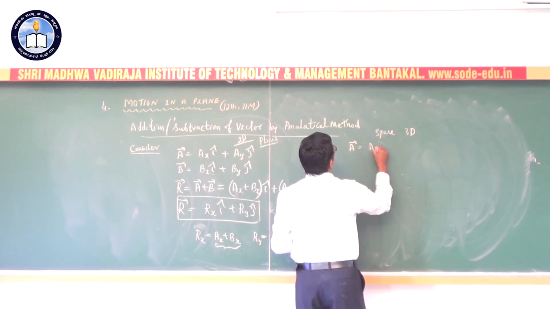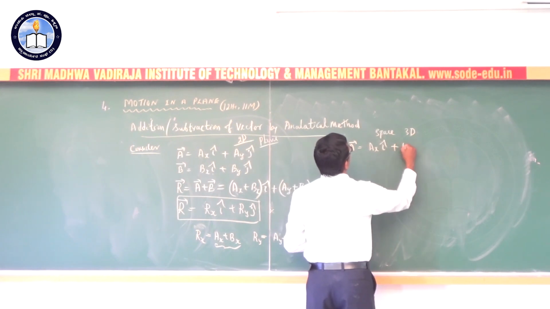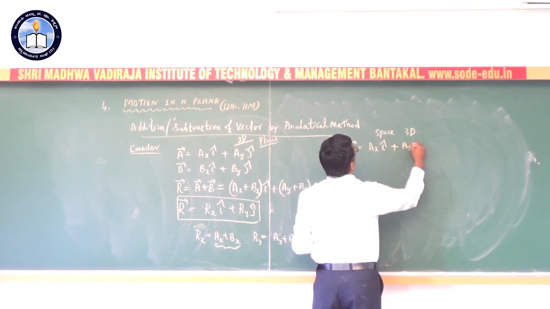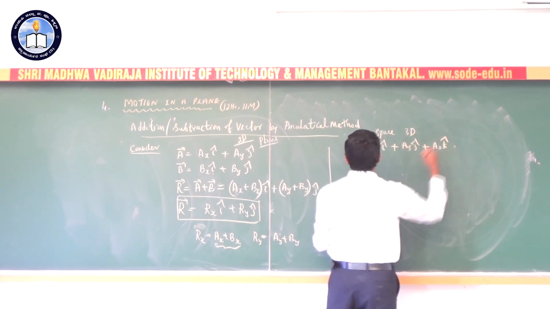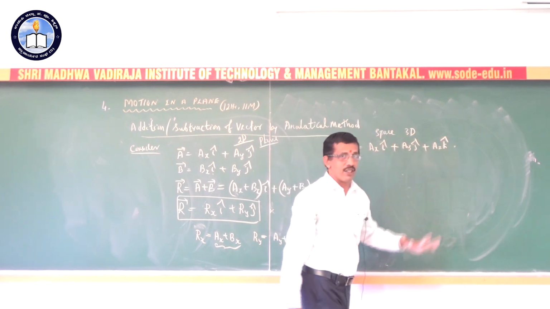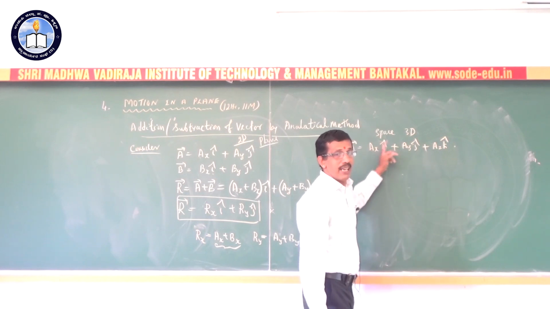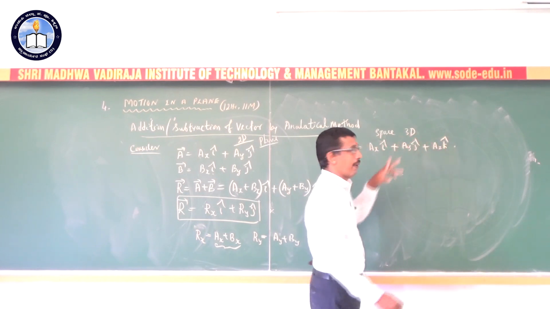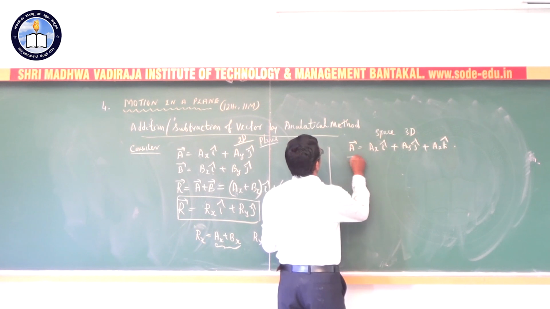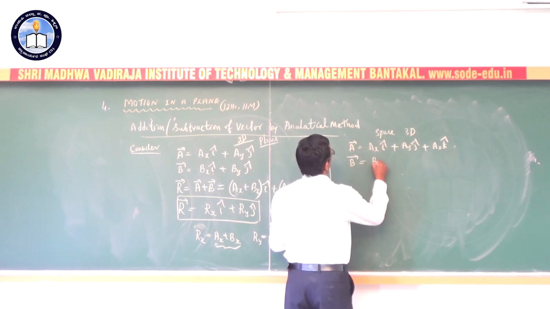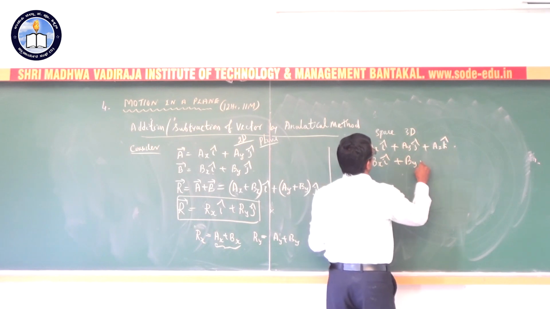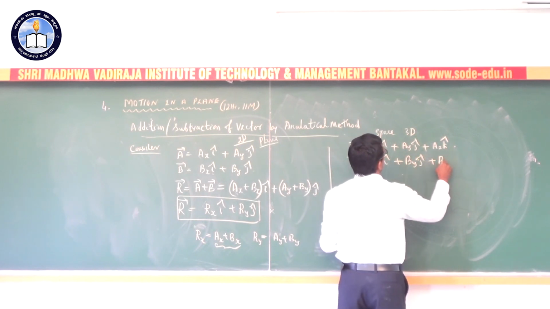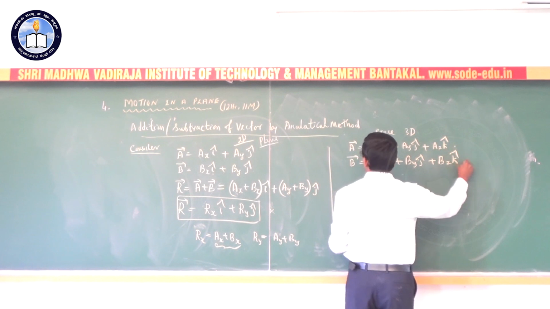For 3D, we should take 3 components: first component, second component and third component. Similarly, the second vector is bx into i cap, by into j cap, bz into k cap.